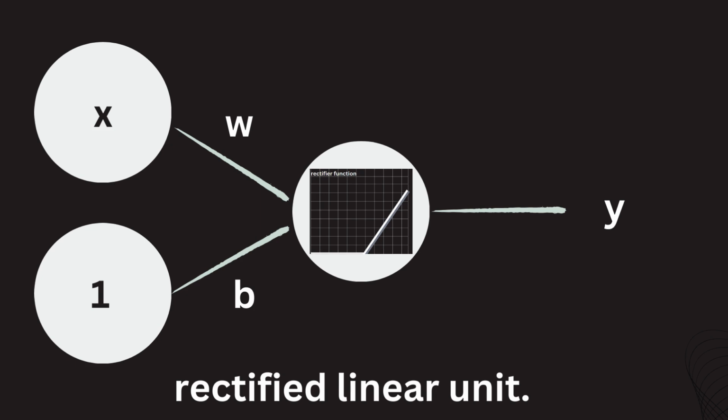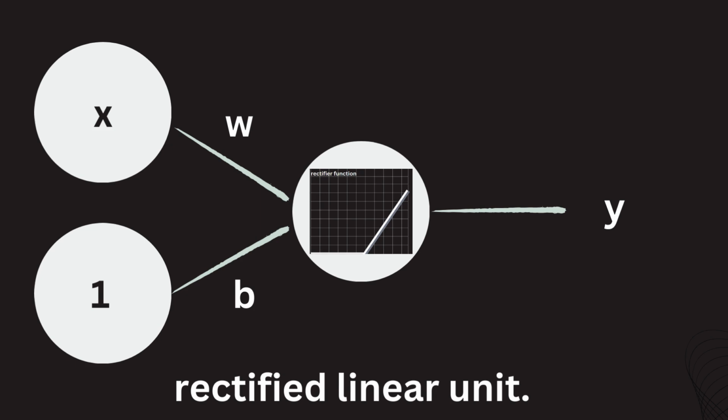If the value is less than or equal to zero, we give zero output. But if the value is greater than zero, then we give the max value of it. So this is the basic concept of the rectified linear unit, or ReLU.